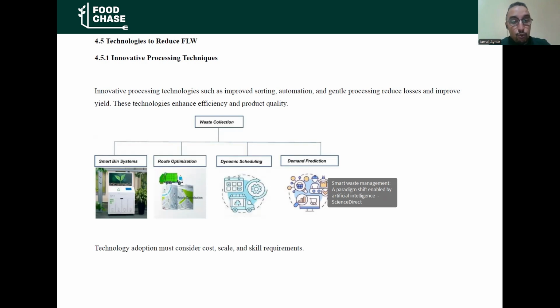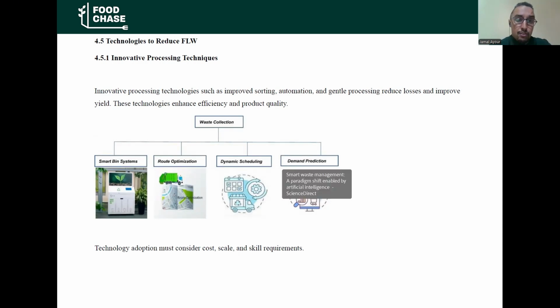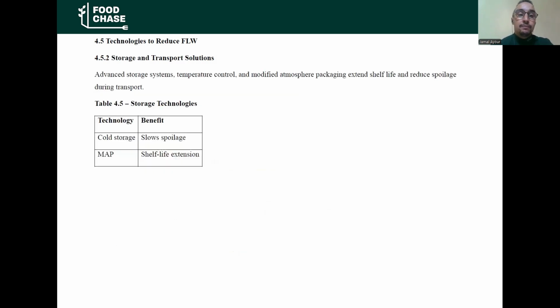Innovative processing technologies such as different technologies are applied. The objective is to manage this question. Technology adaptation must consider cost, scale, and key roles requirement for any type of industry.